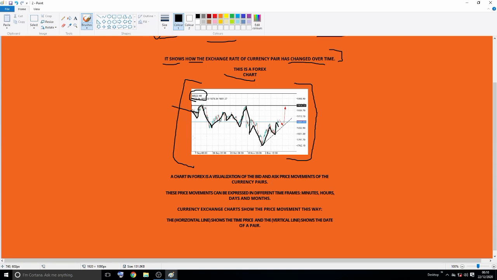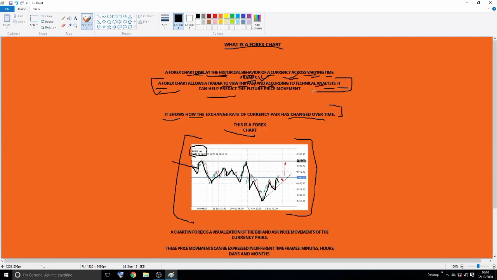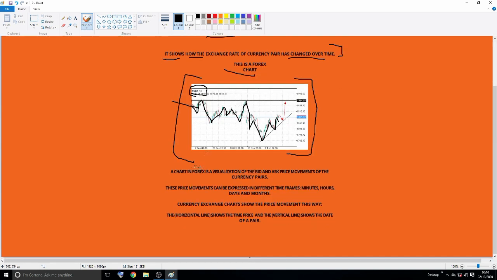So this chart shows each and every movement that gold has done. If you are looking at the USD chart, you will see what the USD has done the past few days. And as it says here, according to technical analysis, it can help predict the future movement.